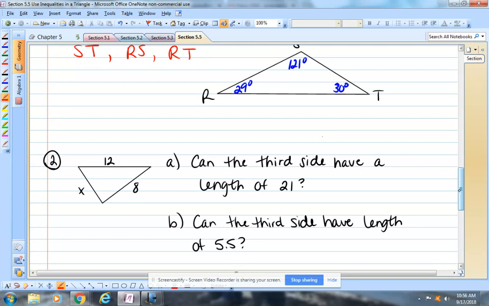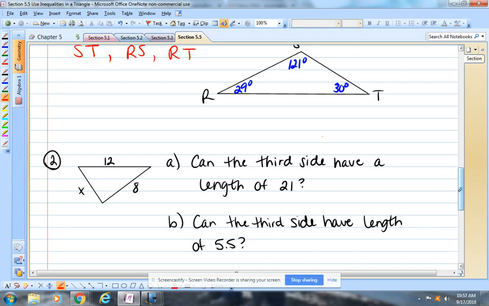The first one says, can the third side have a length of 21? That means, is it possible to have a triangle with the side lengths 8, 12, and 21? Well, what did that side inequality problem say? Yes.